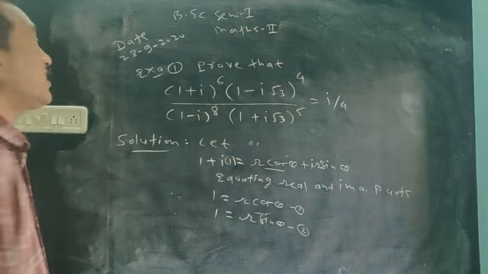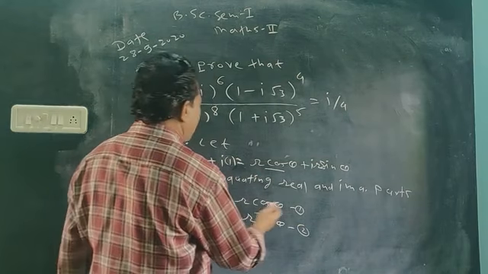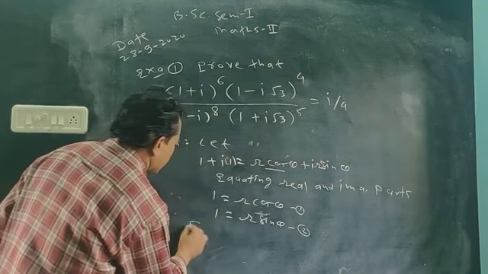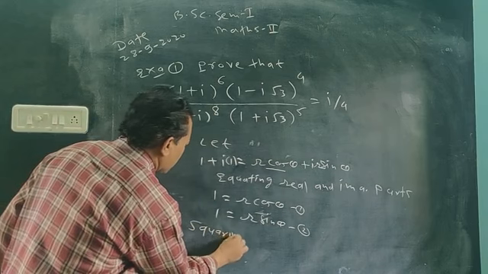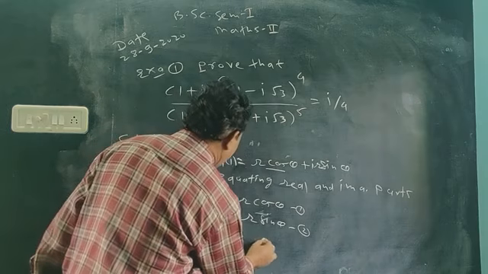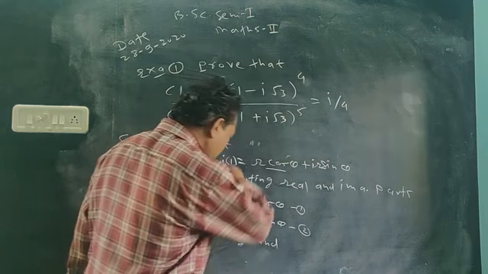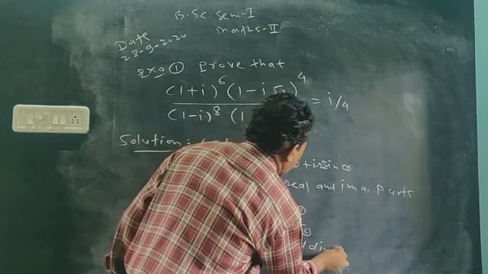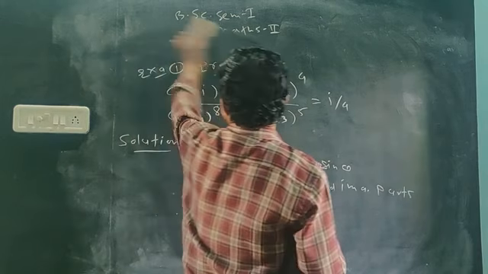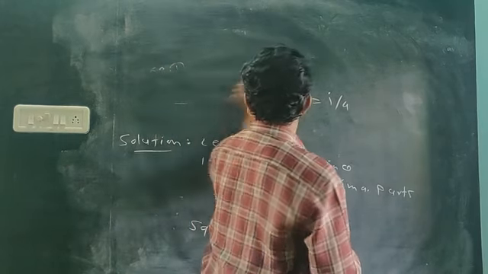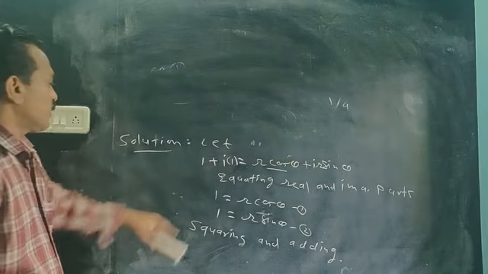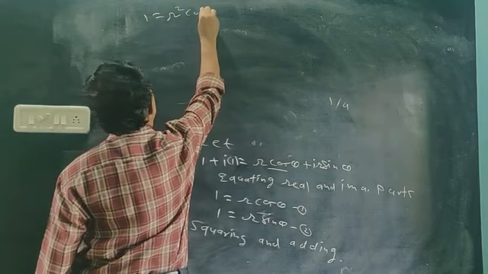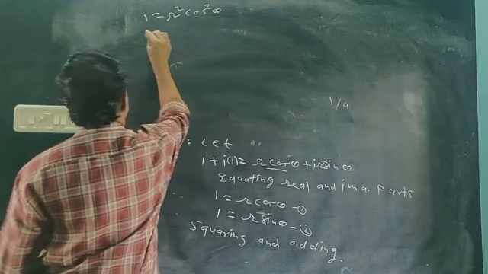Okay. Next step, squaring and adding, because cos square theta plus sin square theta is 1 in trigonometry. So left side square 1 square 1, right side square r square cos square theta.